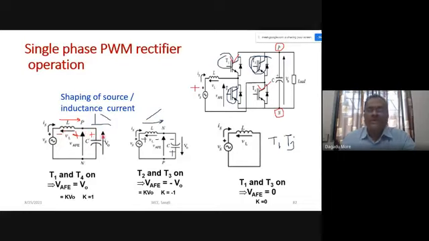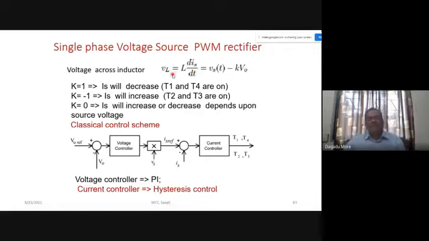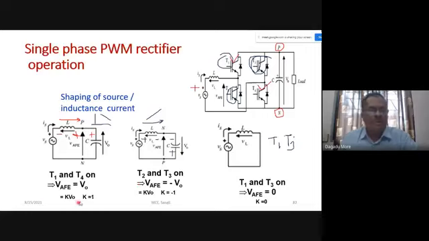So here we can write the expression: VL, the voltage across the inductor, will be L dis by dt, and that is supply voltage minus K Vo. K will be 1 in the first case, where the minus means current will decrease, when T1 and T4 are on. K will be minus 1 when T3 and T2 are on.